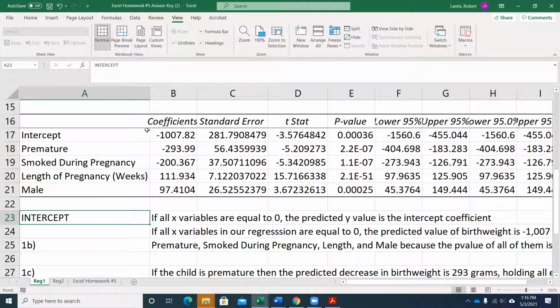That's because this hypothetical scenario where all these are 0 we never see, right? We never see a pregnancy length where a child is actually born at 0. And so it'll often have a goofy interpretation, but that's still how we interpret it, okay?